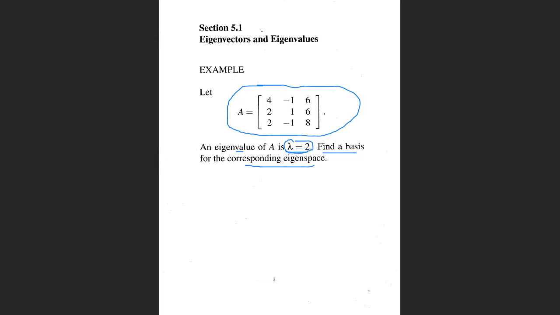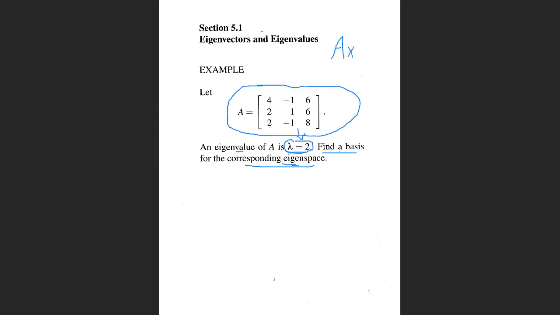Once again, we want to find a basis for the eigenspace corresponding to the eigenvalue lambda equals 2. So remember the definition of an eigenvector.